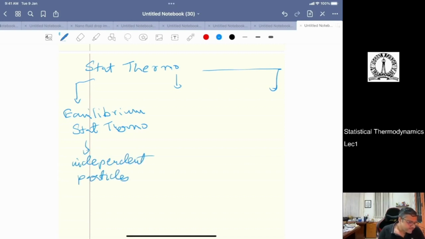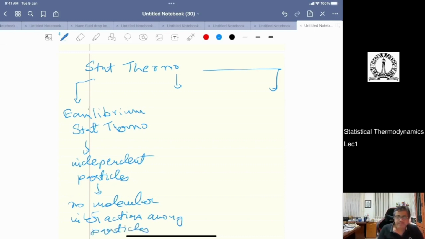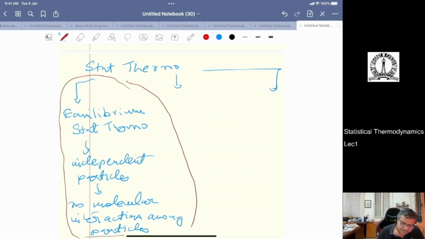By independent particles we mean that there are no molecular interactions among the particles of interest. So this is equilibrium stat thermo.